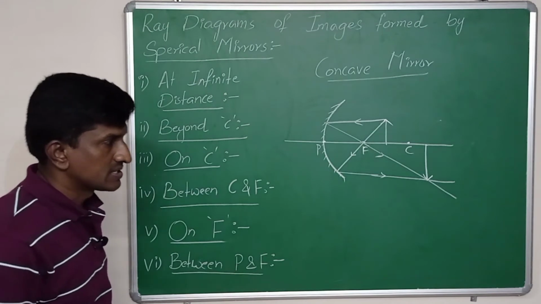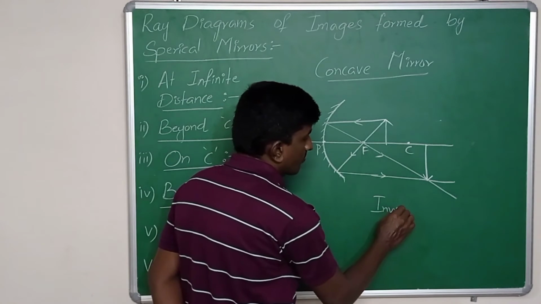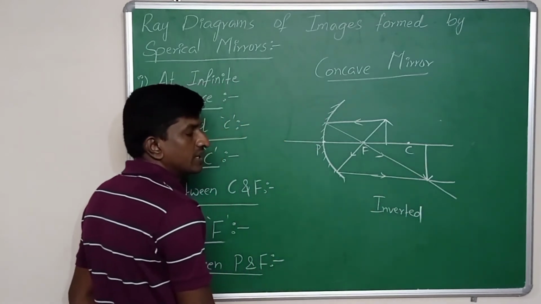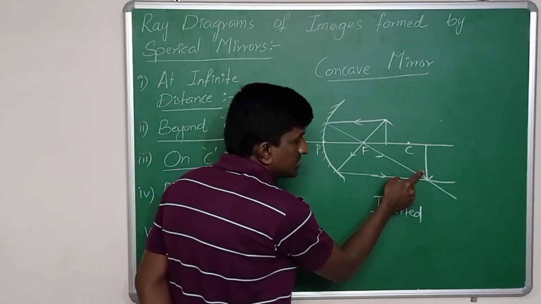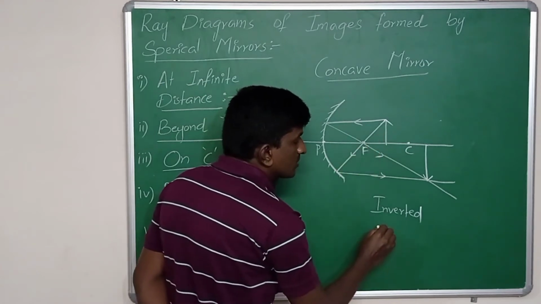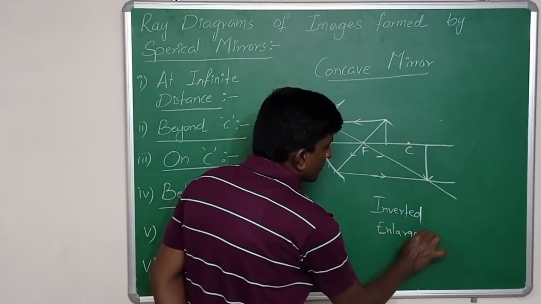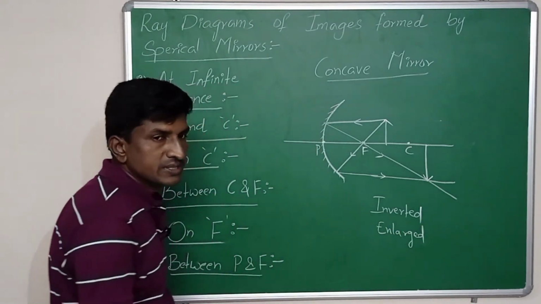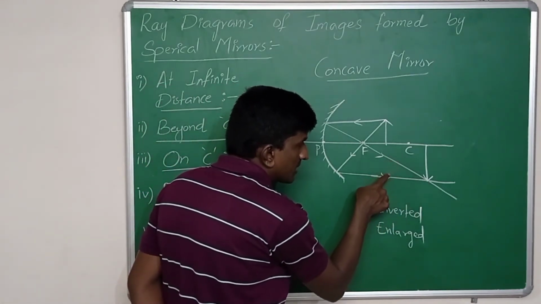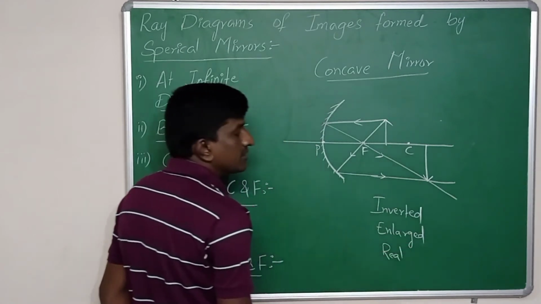So what are the characteristics of the image? The image is inverted, and next the size of the image is bigger than the object. So enlarged image. Enlarged means the bigger image, and the image is real because these two reflected light rays are intersecting here, so that image is real.